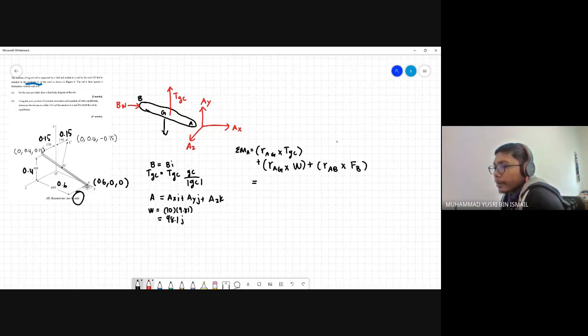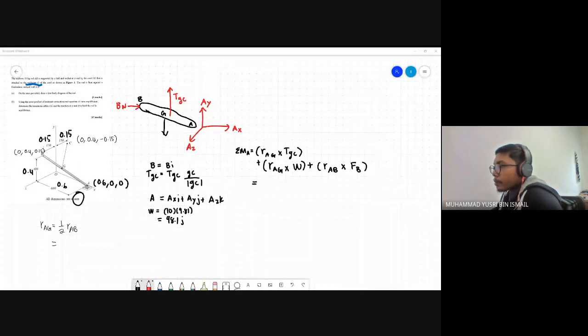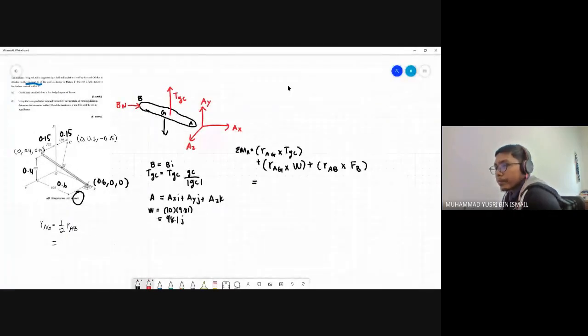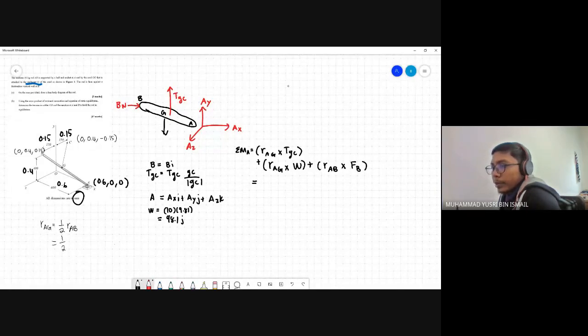Since it is a midpoint, RAG is equal to half of RAB. So 1/2 RAB, and RAB will be B minus A.